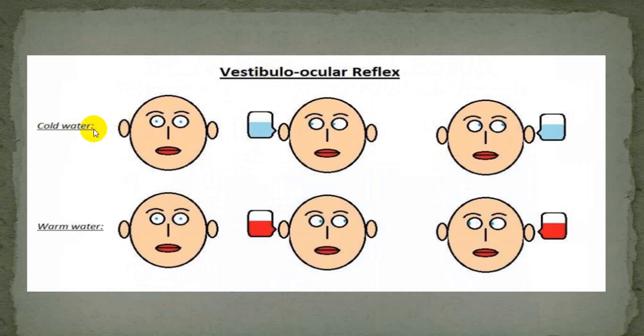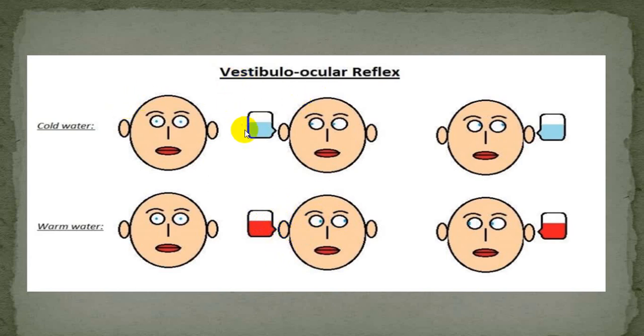Very simple: when you add cold water, you can see the eye moving to the same side, and when you add it here, it moves to this side. Warm water, it is to the opposite side. Instead, if the warm water produces movement to the same side, that means that side's vestibular apparatus is damaged.